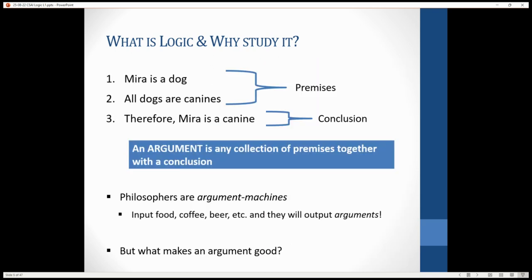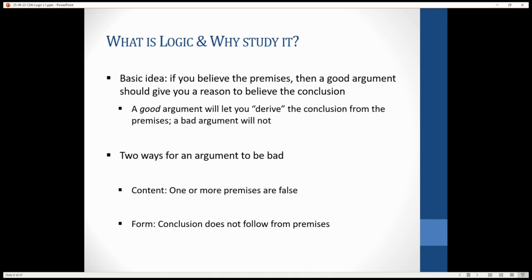We look at this one: 1 and 2 seem to suggest or push us to 3. Given 1 and 2, we can make our way to 3. Again, I'm using a bunch of figurative language or metaphors here, but there's something like this lurking. Good arguments let you do that. Bad arguments don't.